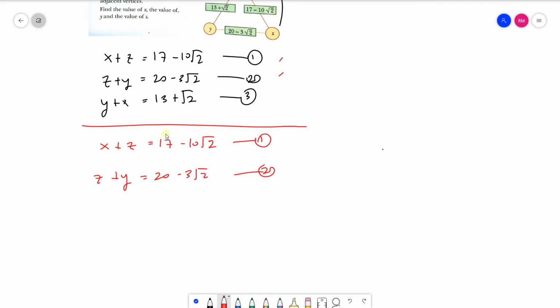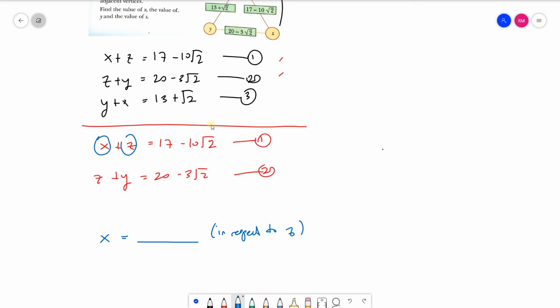For example, if I pick equation number 1, I need to pick a subject that I can replace in equation number 2. In equation number 1, we have two unknowns, x and z. If I make x the subject, x equals something in respect to z, because z will be moved to the right hand side.